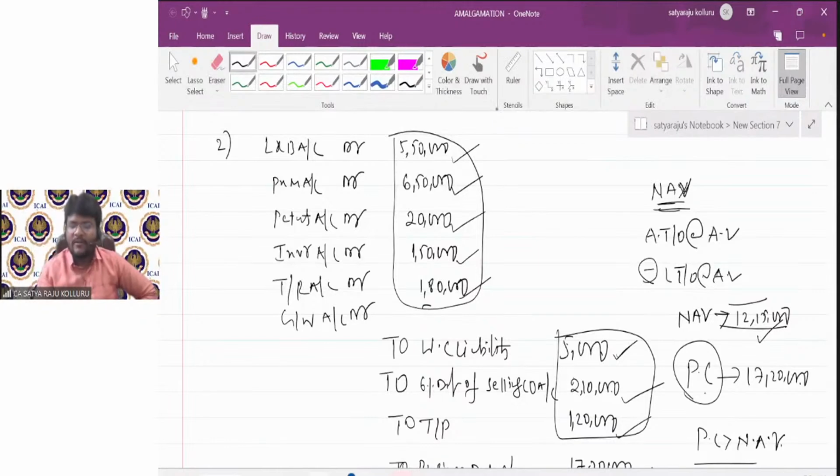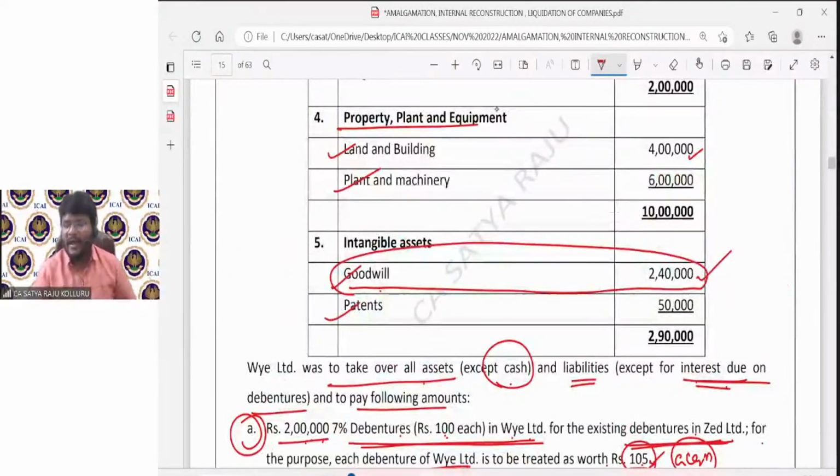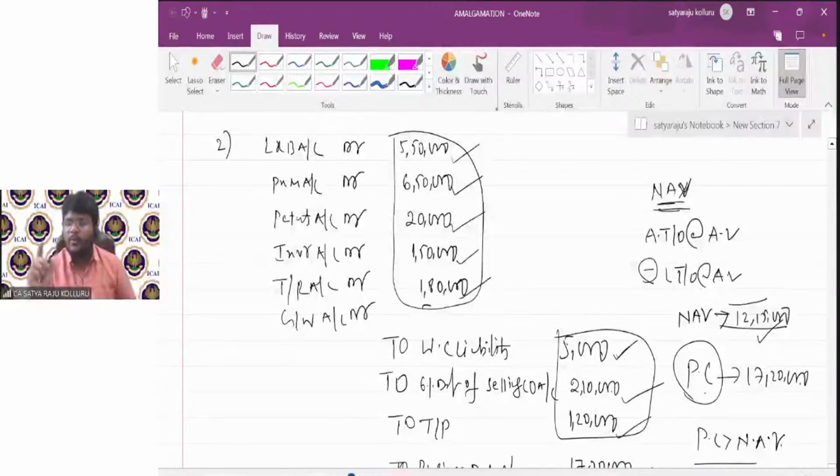Sir, apart from the given assets, we are also considering the goodwill of the selling company, right? So goodwill of the selling company, how much? 2,40,000. Now first you can incorporate the goodwill of the selling company at 2,40,000. Please all of you consider. Now let me know the NAV.